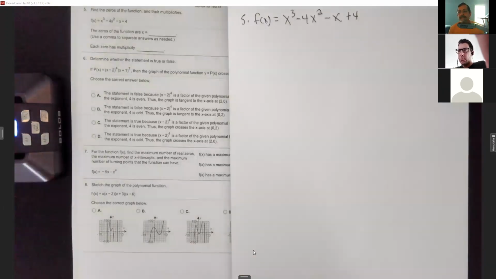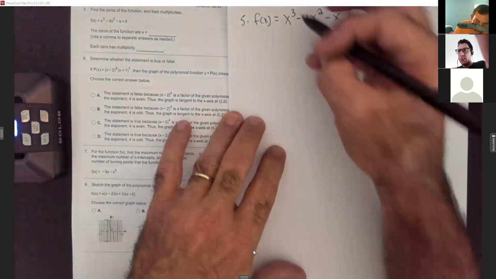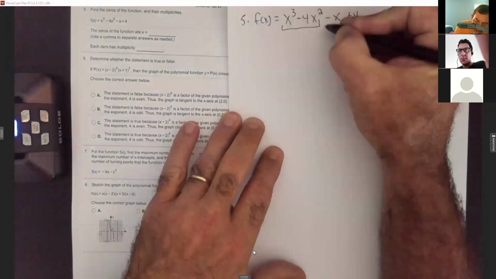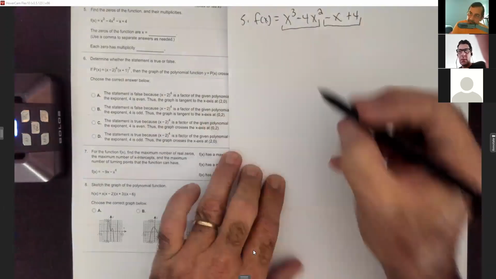So in order to find the zeros of this one, since this is a 4-term polynomial, this is the one where I did the factor by grouping. And on each of these pairs of terms, I'm going to factor out the GCF.